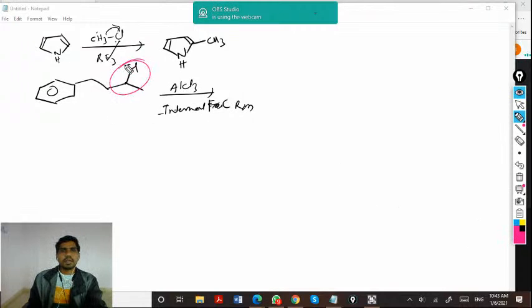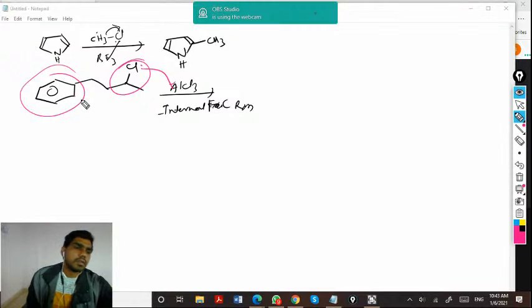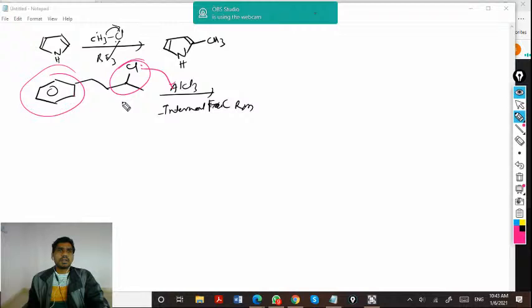So this is the electrophile, reacting with the Lewis acid, and it can act as a benzene system. The reagent is present in it, and the starting material is also present in it. So alkylation is going to happen within the system, resulting in a carbocation after the elimination, and the benzene can attack.